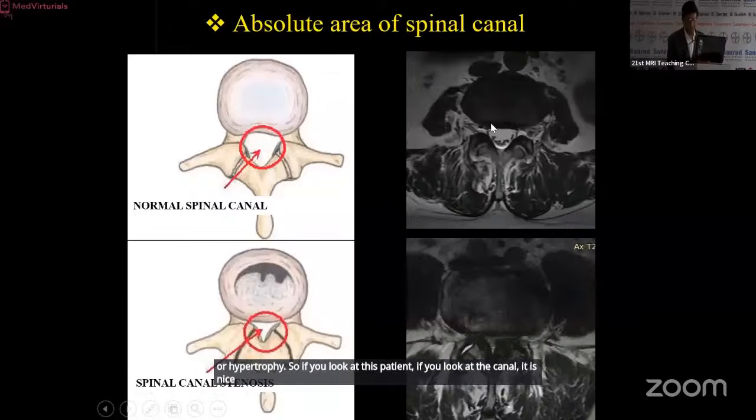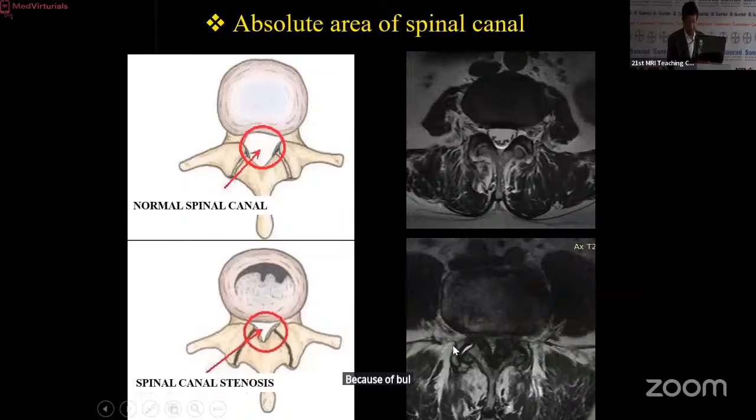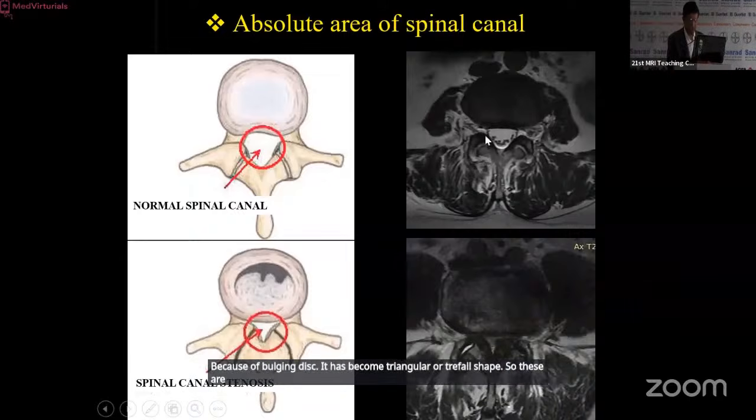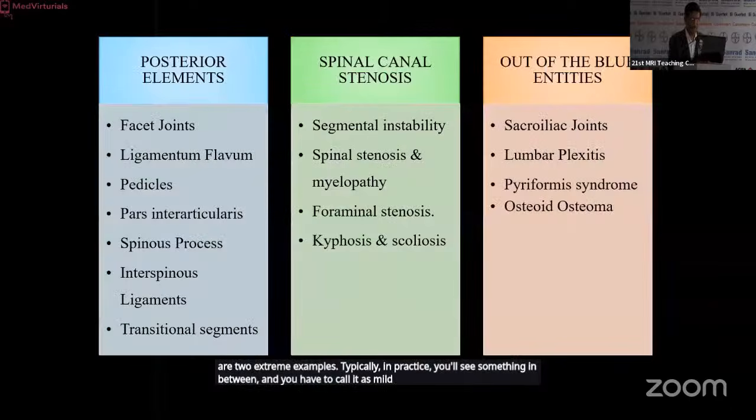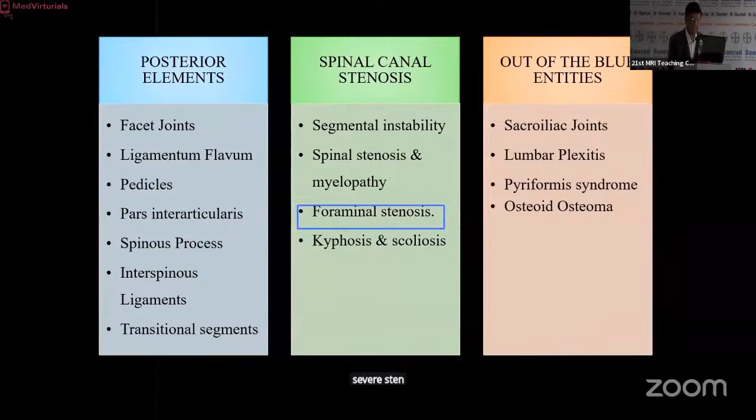The thecal sac is nice and round. Here, because of bulging disc, facet arthropathy, and ligamentum flavum thickening, it has become triangular or trefoil shape. So these are two extreme examples. Typically in practice, you'll see something in between, and you'll have to call it mild, moderate, or severe stenosis.